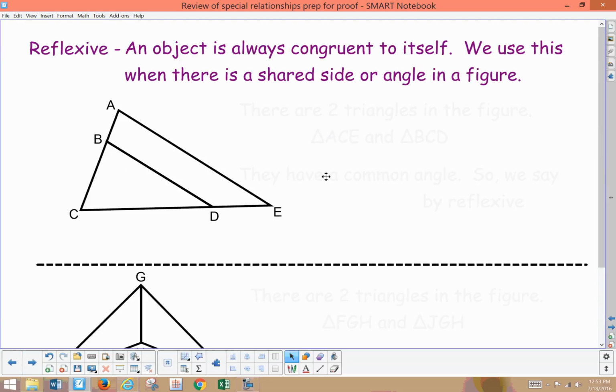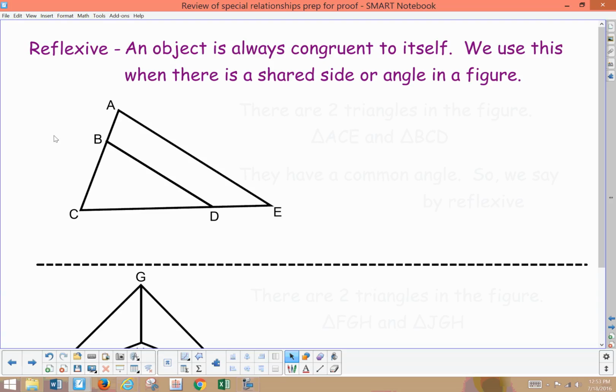Another concept that you should know but may have never actually seen the official wording of is the concept of reflexive. When we look at reflexive, we're talking about the idea that an object is always congruent to itself. We use this anytime we have some kind of shared side or shared angle within a figure.